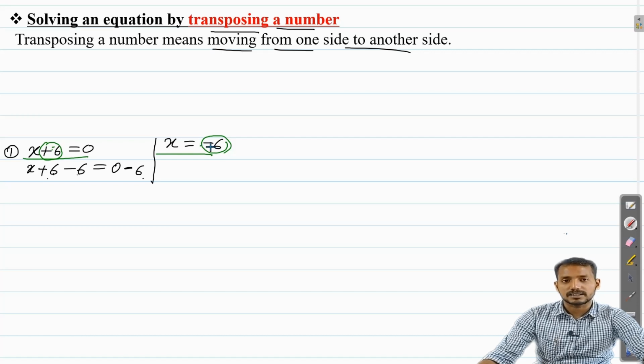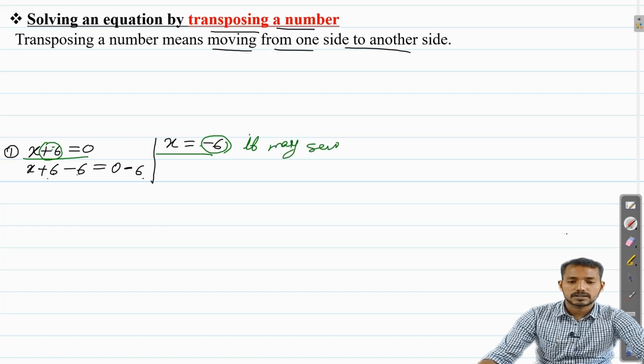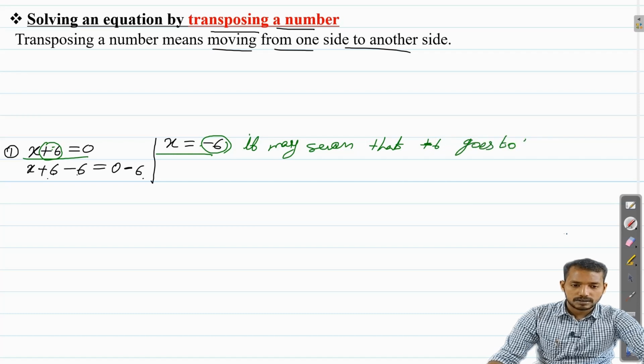It may seem like that plus 6 goes to the RHS and becomes minus 6.